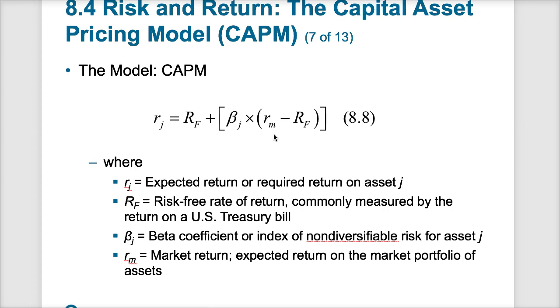So this is a great model to use to figure out what your required return is for a stock based on how the beta for the stock, the volatility of the stock or correlation of the stock, is compared to the market.